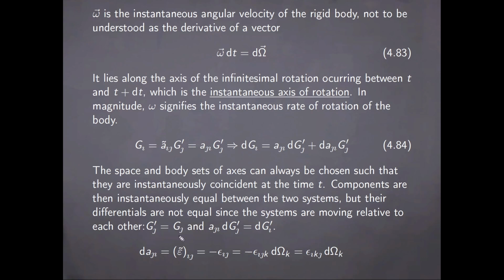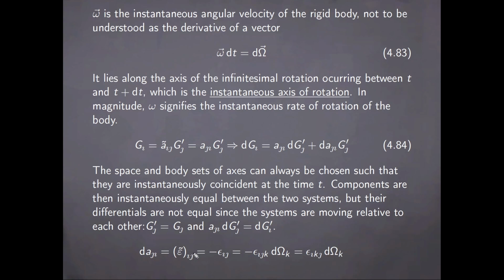assuming that this relation holds. And then if you look at the differentials of the elements of the transformation matrix, these can only be the elements of the transposed matrix representing an infinitesimal rotation.